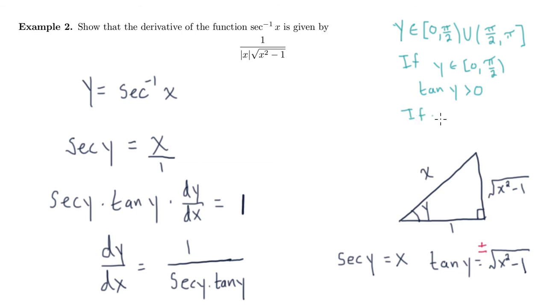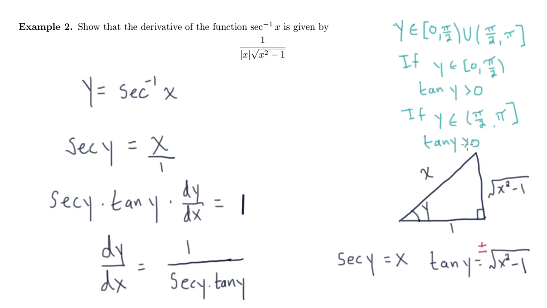But if y is between pi over 2 and pi, cosine is negative and sine is positive, so tangent y is negative.